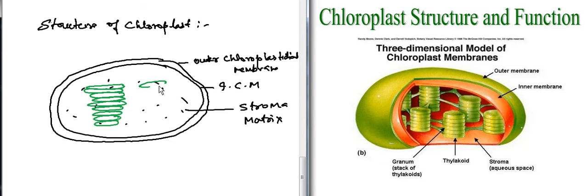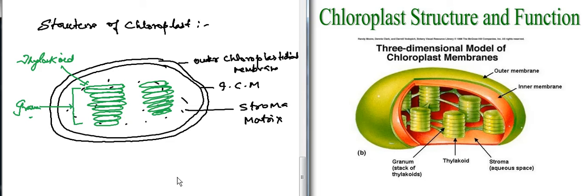And like that we have many plate-like structures called thylakoids, and the entire stack of thylakoids is called a granum. In these thylakoids are the photosynthetic pigments.